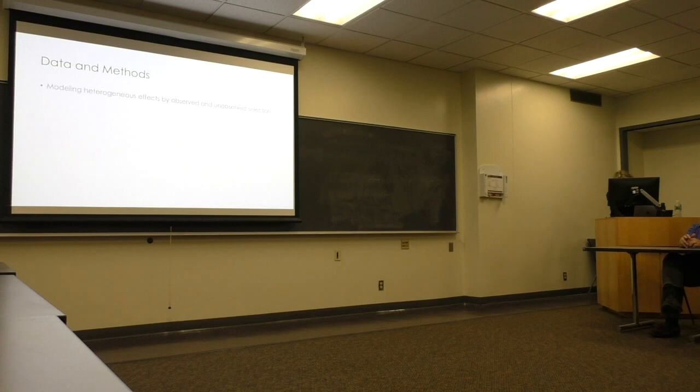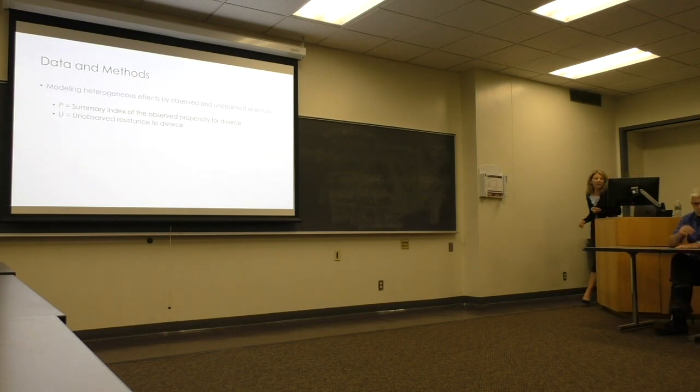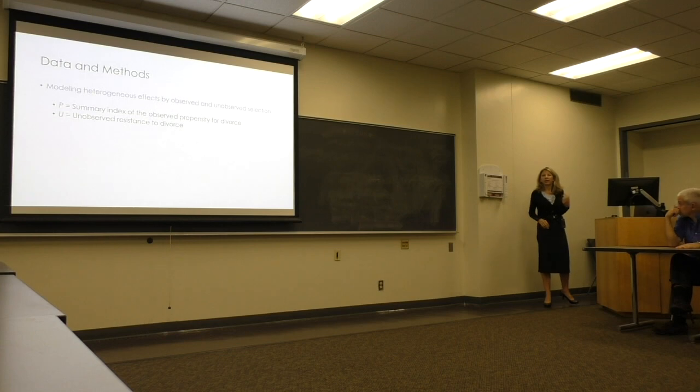In this study, we're also acknowledging the presence of unobserved factors that affect the likelihood of divorce. Some unobserved factors may reflect parents' willingness or their resistance to divorce. So P equals the summary index of the observed propensity, and U indicates some unobserved resistance to divorce.